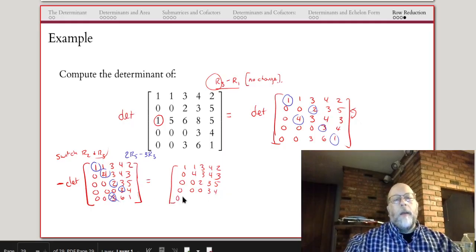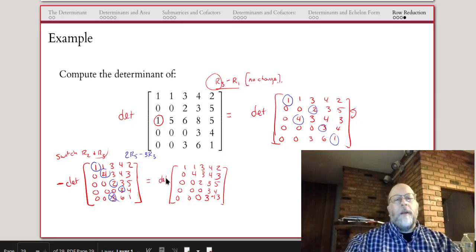All right. 2 times 3 is 6, 3 times 2 is 6, 6 minus 6 cancels and goes away. 2 times 6 is 12, 3 times 3 is 9, 12 minus 9 is 3. 2 times 1 is 2, 3 times 5 is 15, 2 minus 15 is a negative 13.